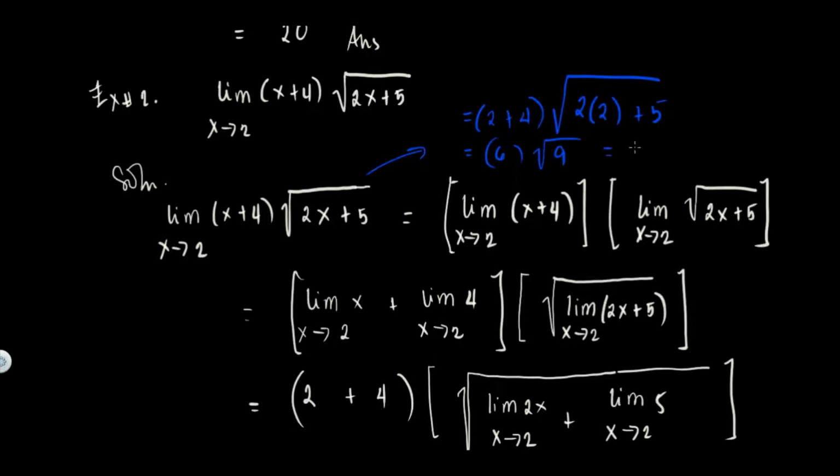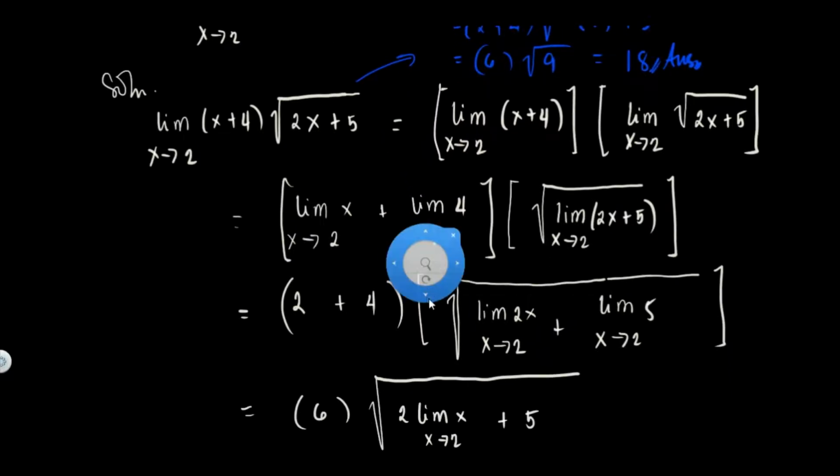And that is also 18, no? Square root of 9 is 3 times 6, 18. So, same answer. So, para lang may demonstrate natin, ipakita yung mga theorems. Okay? So, parehas lang ng answer.